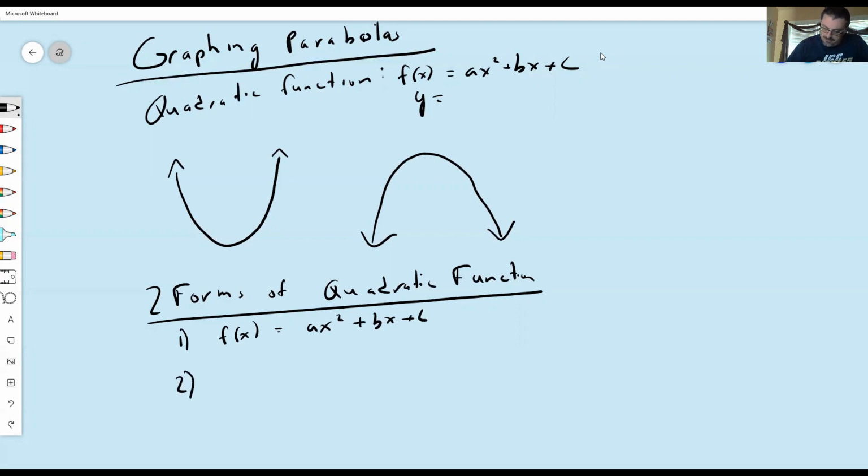The second one, f of x equals a(x minus h) squared plus k. Sometimes it's referred to as vertex form.